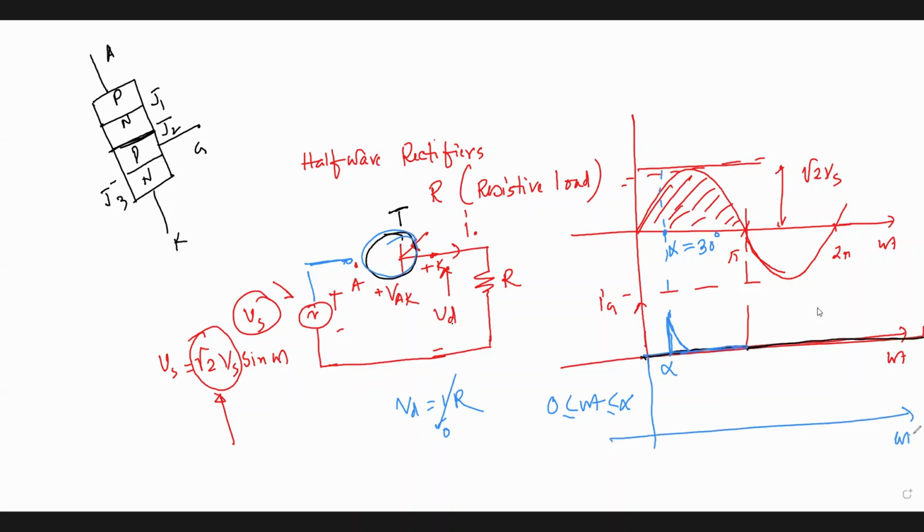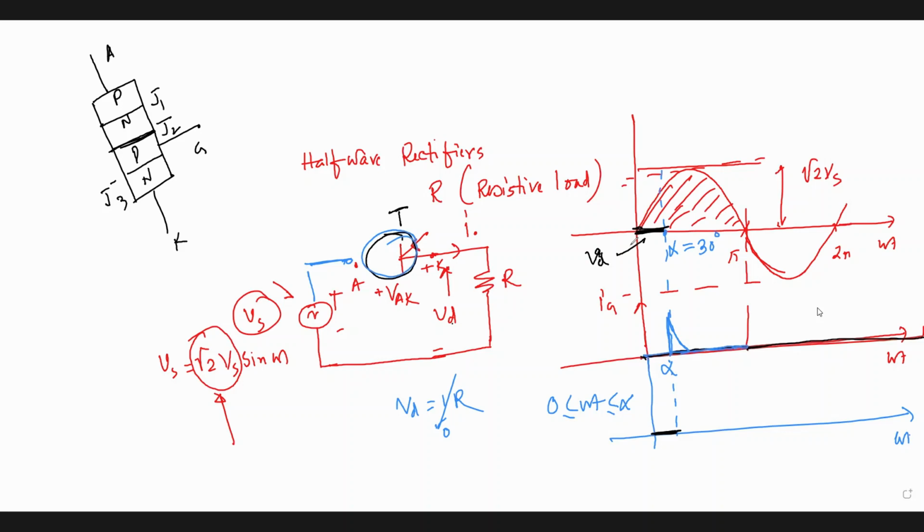Sorry, 0 to alpha, it will be off. If it is off, then of course we should get 0 voltage, right? Yes, sir. Output voltage, or VD, should be 0.